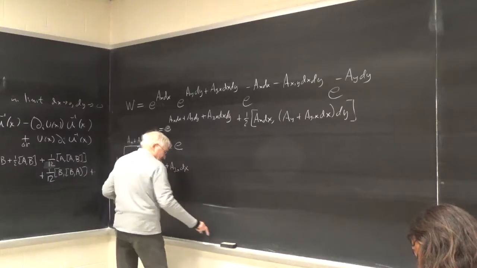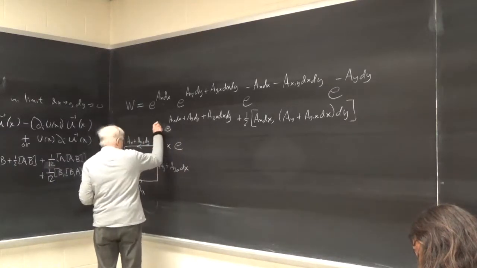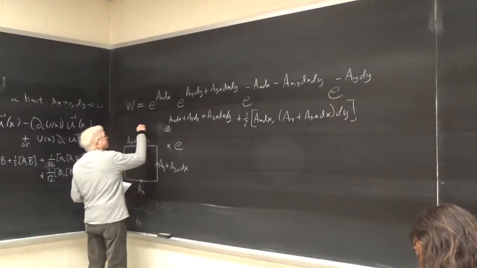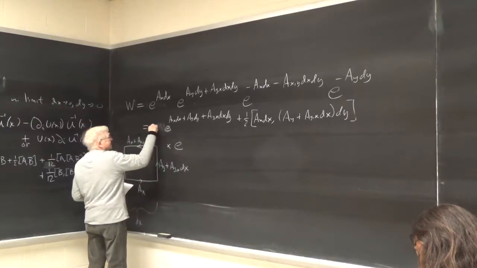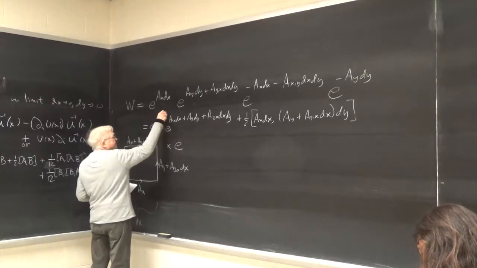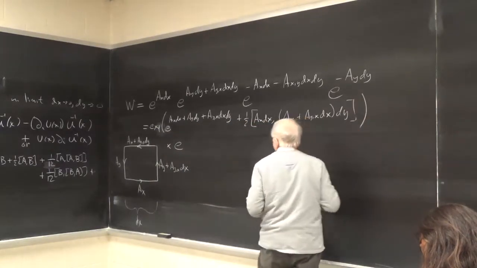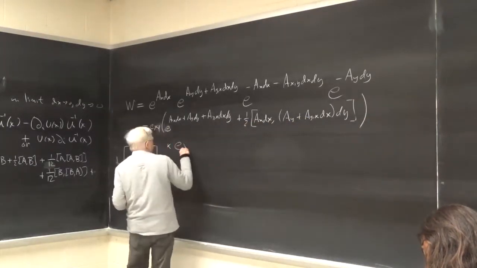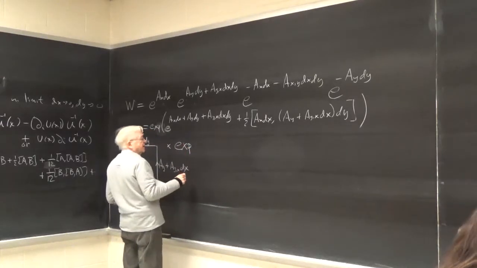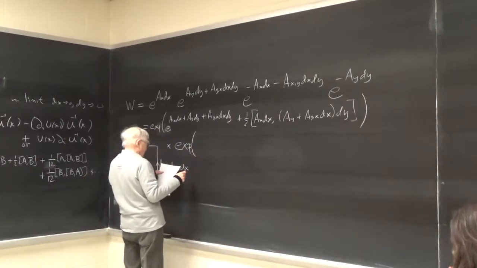And I now see that this might have been clearer if I had just used exponential notation. So let me write this as exp, big parenthesis. And let me write this as exp, big parenthesis.